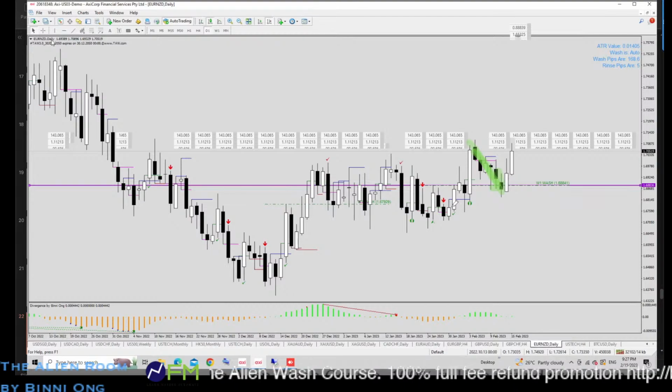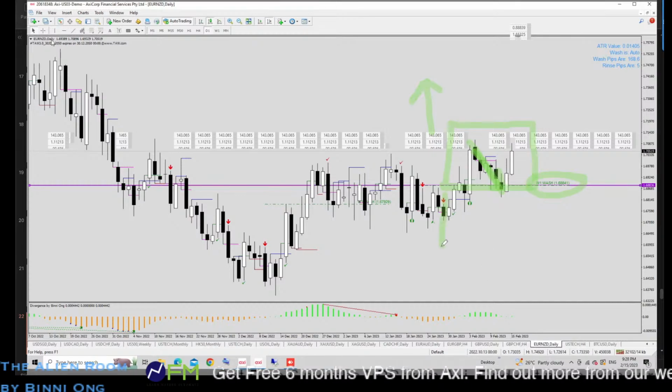In the higher time frame, because we see a green line here and price had already been trading above it, it is a separator. Anything above this green line is the bullish state. Anything below the green wash line is going to be bearish. So see that as a separator.